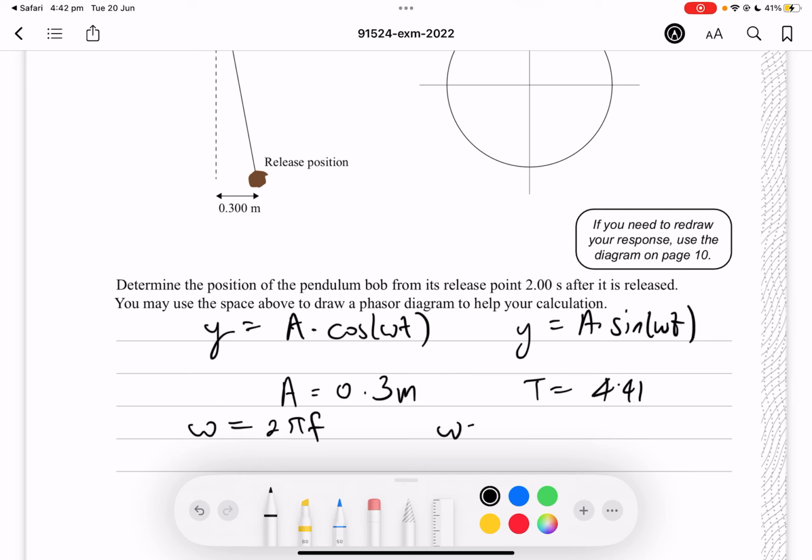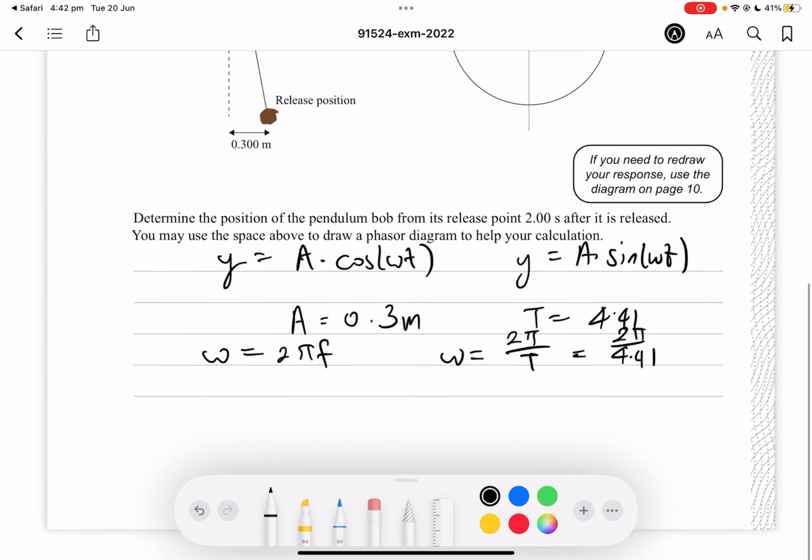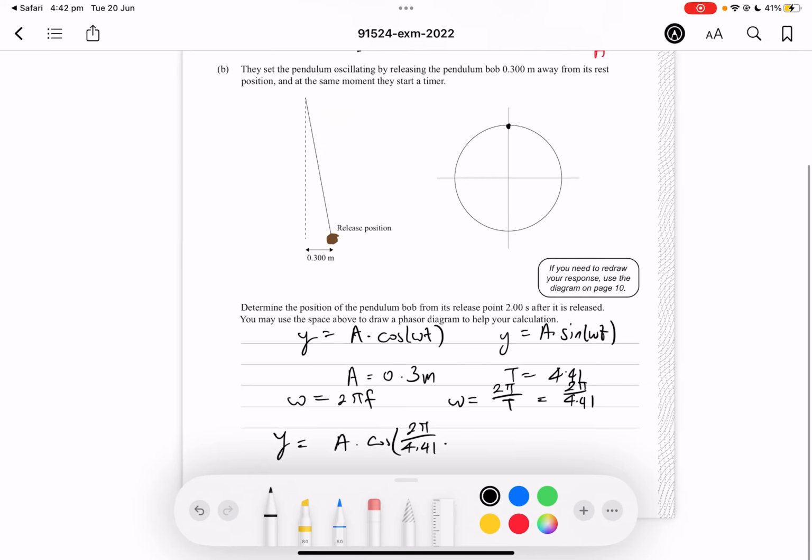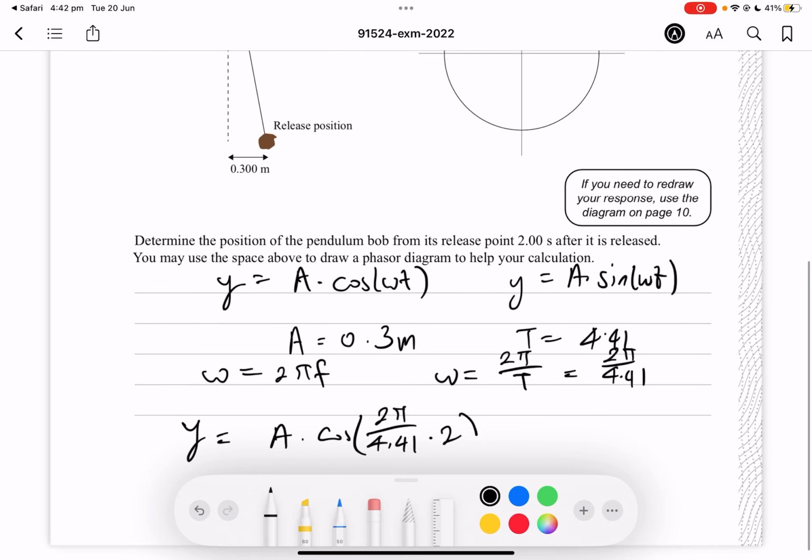So therefore, omega equals 2 pi over T, which is 2 pi over 4.41. So in this case, y equals a times cos of 2 pi over 4.41 times the time, which is 2 seconds. And a is 0.3, so just plug this in, and we should get an answer of negative 0.288 meters.